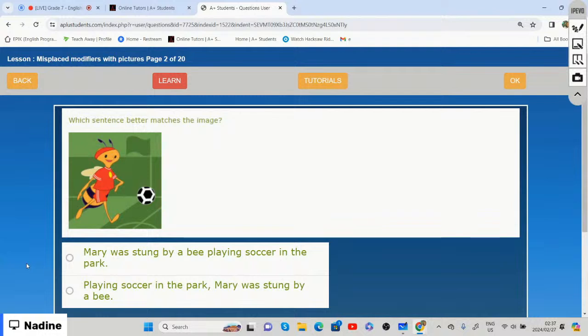If we look at the first option, it says Mary was stung by a bee playing soccer in the park, then they are saying that this bee was playing soccer in the park. So Mary was stung by a bee that was playing soccer in the park. That is what they mean by the first one. And then the second option says, playing soccer in the park, Mary was stung by a bee, which indicates that Mary was playing soccer in the park when she was stung by a bee.